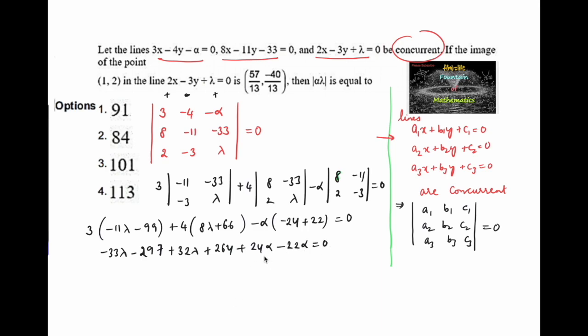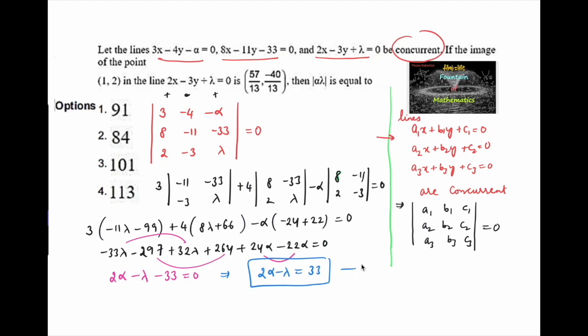So we can simplify: 24 alpha minus 22 alpha is 2 alpha, minus 33 lambda plus 32 lambda is minus lambda, and minus 297 plus 264 will get negative 33, equal to 0. So we can write it as 2 alpha minus lambda is equal to 33. Let us make this equation 1.